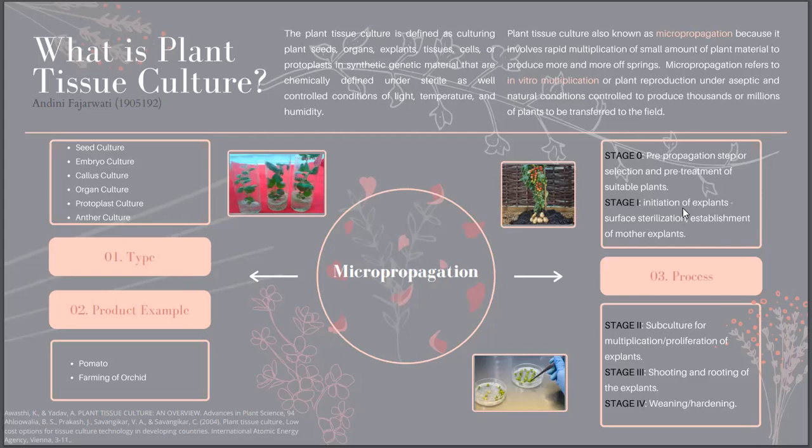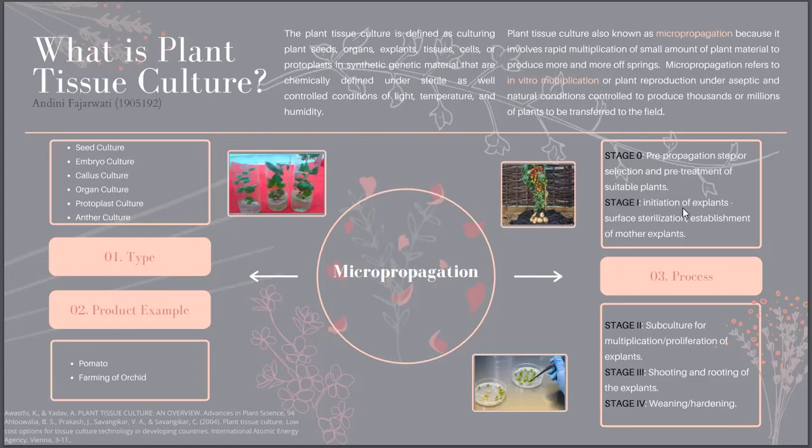As we know, plants have totipotency properties, which is the ability of a single cell to divide and produce all the differentiated cells in an organism. So plant tissue culture can be done easily.